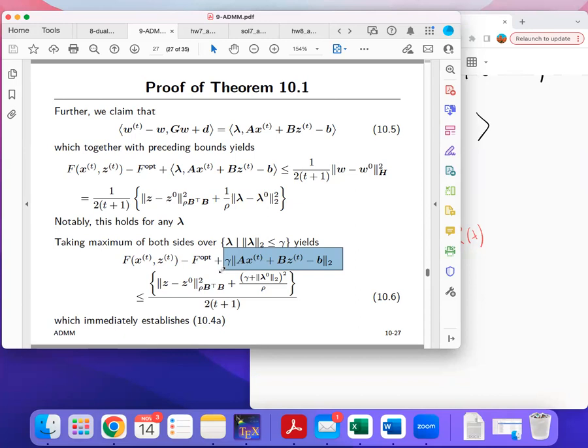And for the right-hand side, again, the only term that involves lambda is this quadratic term. So you can further optimize that very simple quadratic function, and then you will end up with this result. So in this way, we get rid of this lambda.